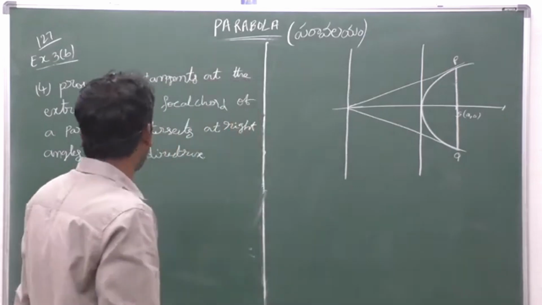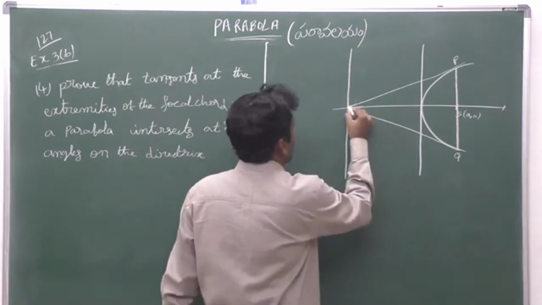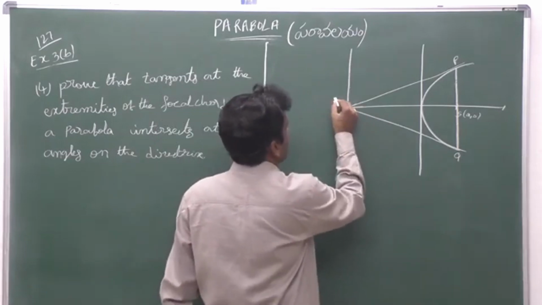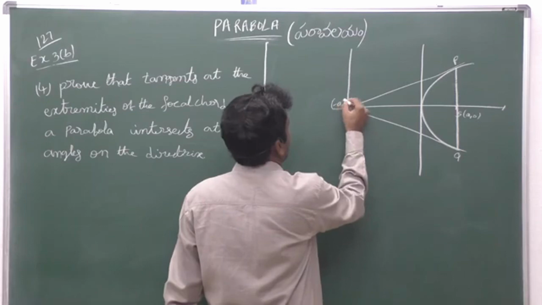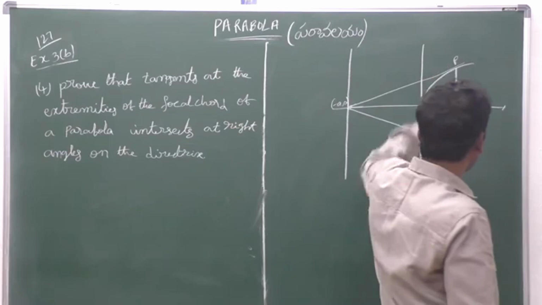Okay, the parabola's tangents intersect at right angles at the directrix. That means on the directrix, this point is (-a, 0). Now we can find out P and Q.